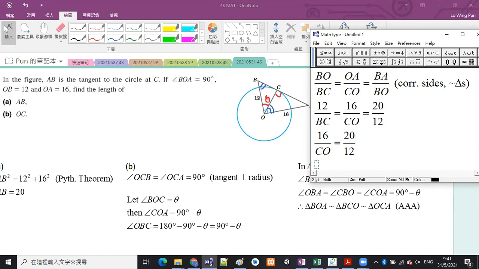OC should be equal to like this. Is it 9.6?